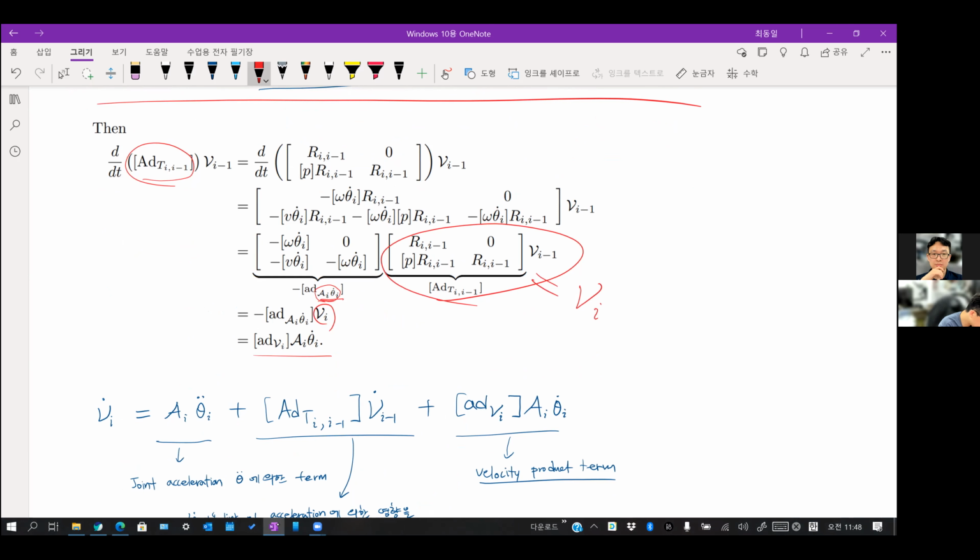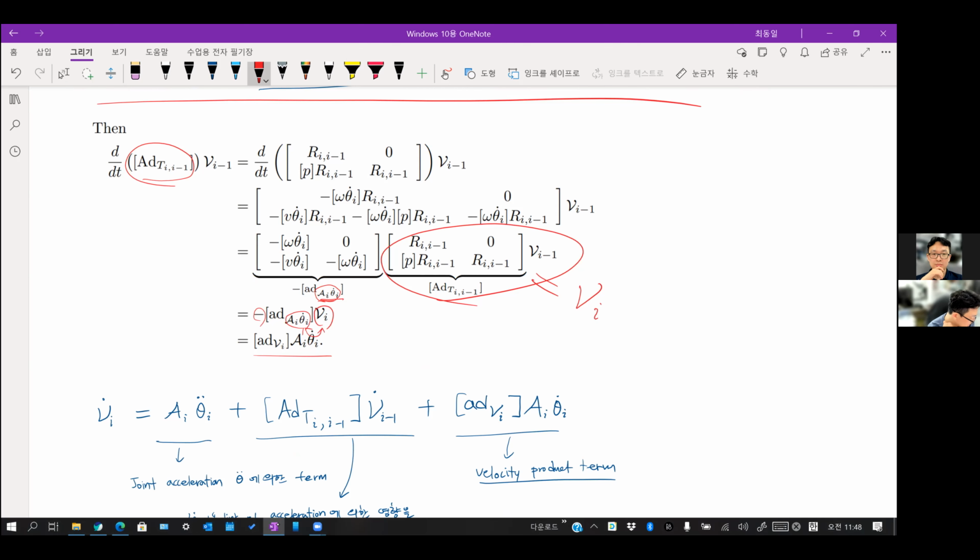Here, they substitute this one and this one. The position is changed. So this position and this position are changed, and then this minus value is deleted.